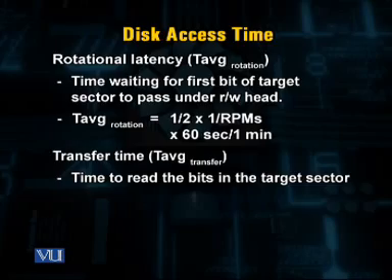So with this much discussion about different types of times, we can calculate the overall average access time by adding up all these 3 times, and it usually comes in milliseconds.